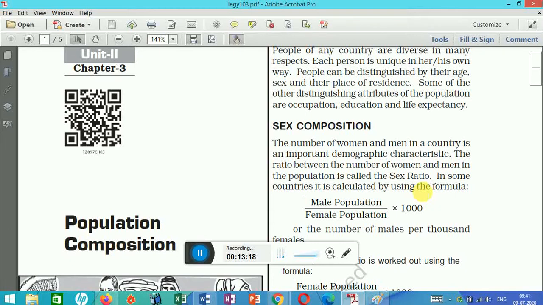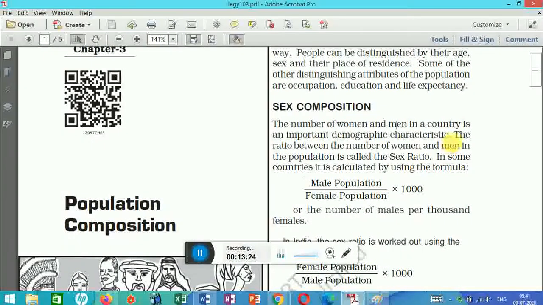Okay. So what do you mean by this sex ratio or sex composition is given here. See, the ratio between the number of women and men in the population is called sex ratio.